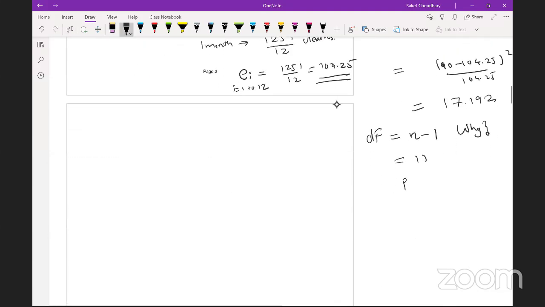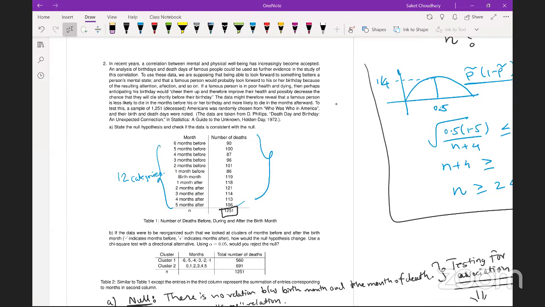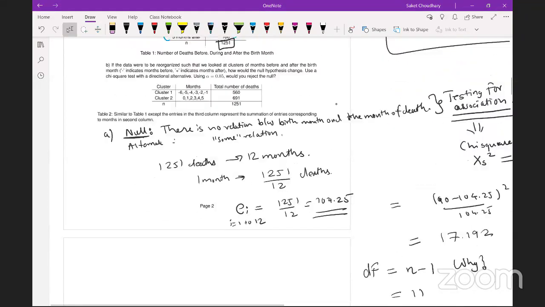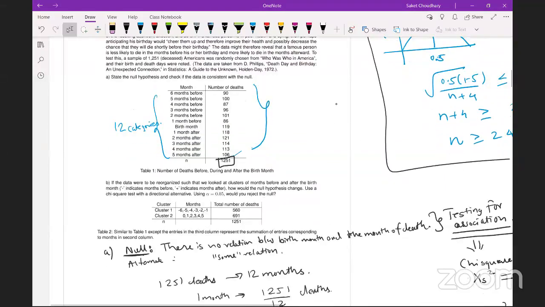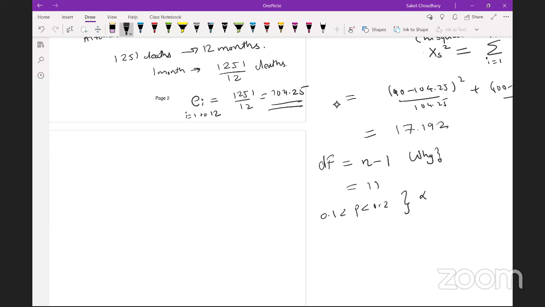So the p is between 0.2 and 0.1. Fine, so that was essentially your problem, and we're checking if the data is consistent with the null. So what is really happening here? The p-value is definitely going to be between 0.1 and 0.2. So if you take your alpha equal to 0.05 or 0.01 or 0.1, you're essentially going to fail to reject the null.